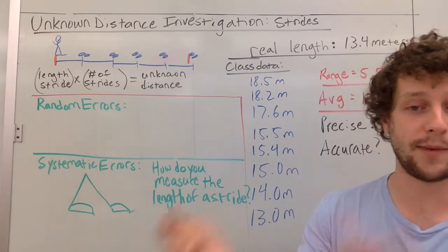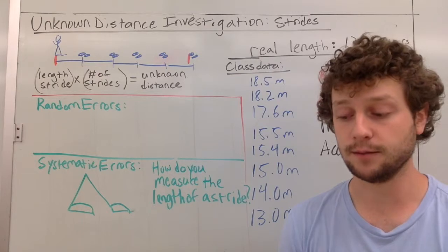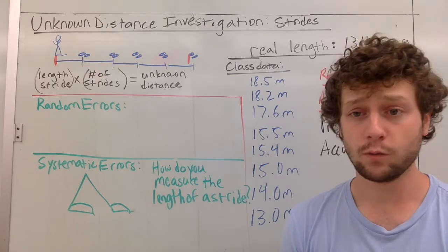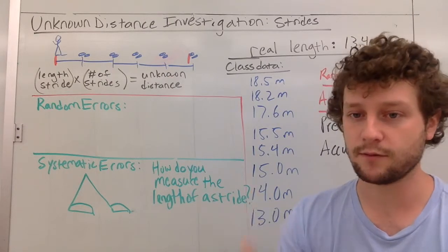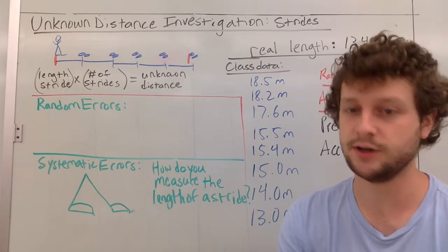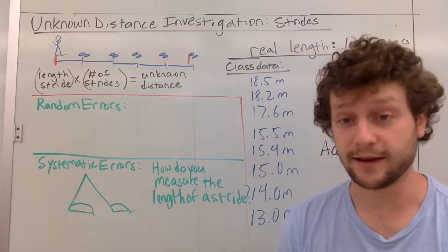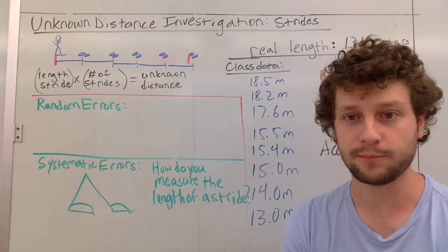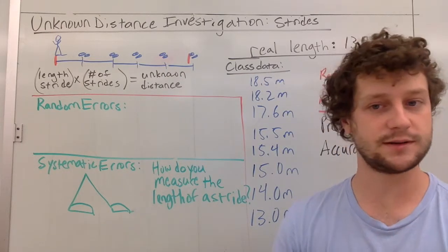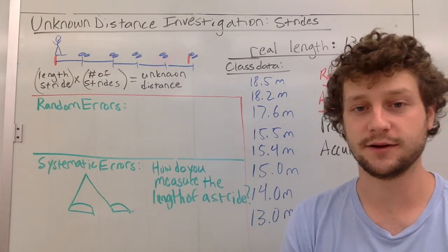So we're going to go back to that investigation and see what mistakes you might have made and how these terms, accuracy, random error, precision, and systematic error, apply to what you did in that lab. Okay, so now you have that experience, and we're going to go back now and analyze it, all right?